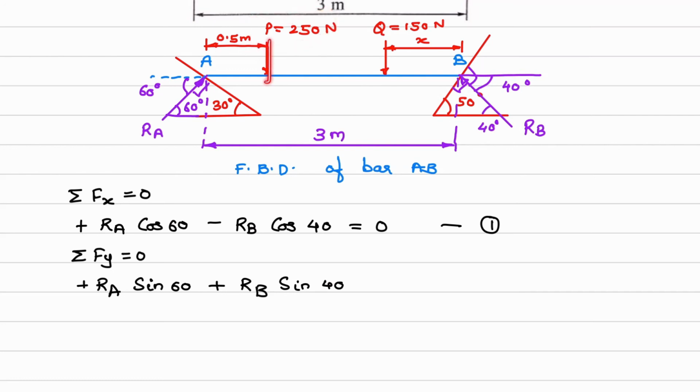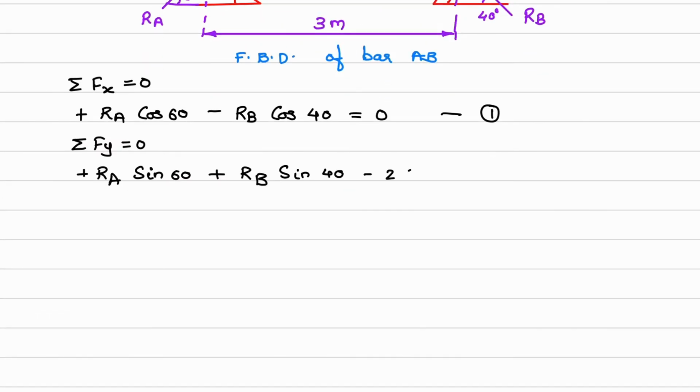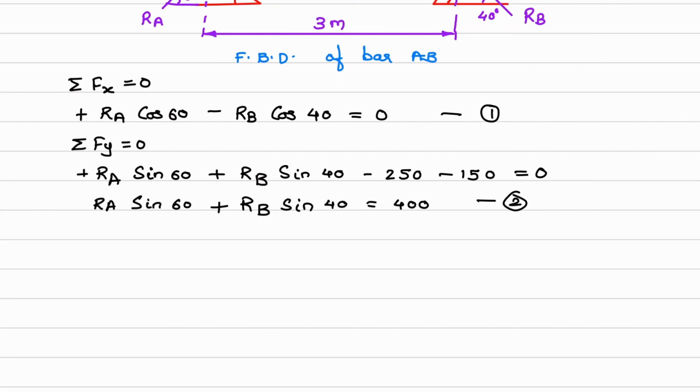These are in downward direction, so minus 250 minus 150. If you simplify this, you will get RA sin 60 plus RB sin 40 is equal to 400. This is equation number 2.